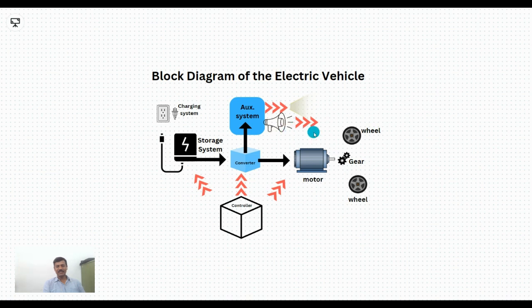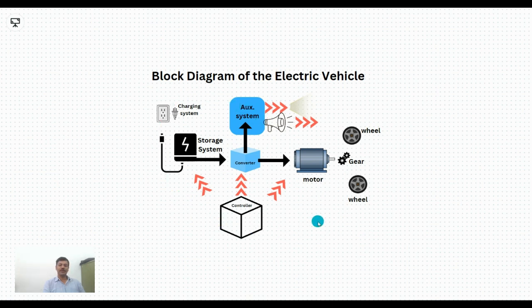Now, there is another system which is also an auxiliary system, which is associated with providing light, sufficient light, as well as maybe horn, maybe speakers, maybe a musical system. So this is going to be your auxiliary system, which is generally working on DC supply, that is 5 or 12 volt.